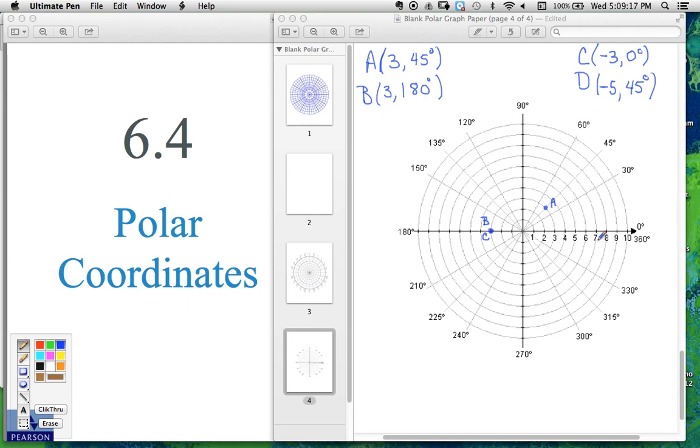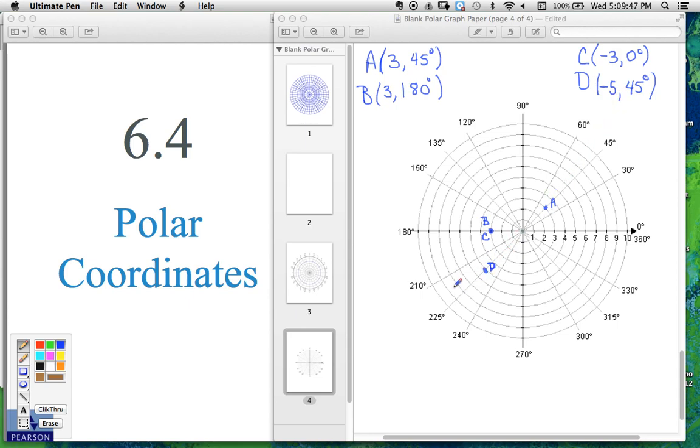I'm going to track over to the 45-degree line, but instead of coming out 5, I want to go in the opposite direction. So I'm tracking backwards 5, 1, 2, 3, 4, 5. And that is location D. So find your 45-degree line, but instead of coming in that direction, go in the opposite direction, 5 spaces.